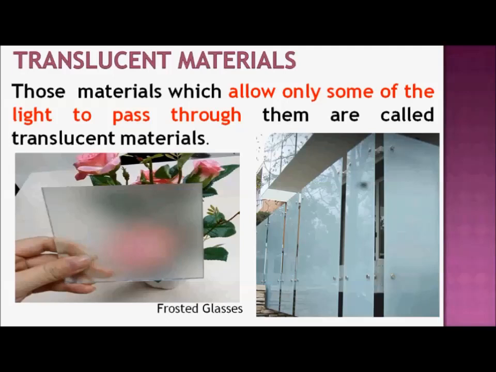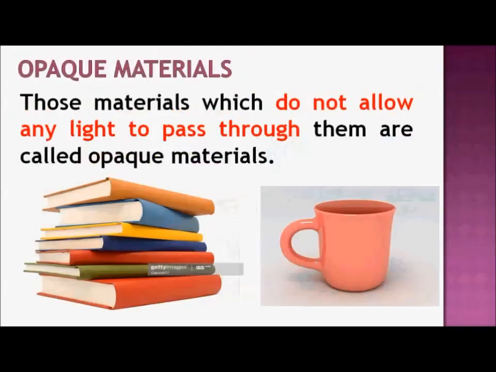Next, we will see what are opaque materials. Those materials which do not allow any light to pass through them are called opaque materials. Here I have given two examples, a pile of books and one mug. These both are materials which do not allow any light to pass through them.